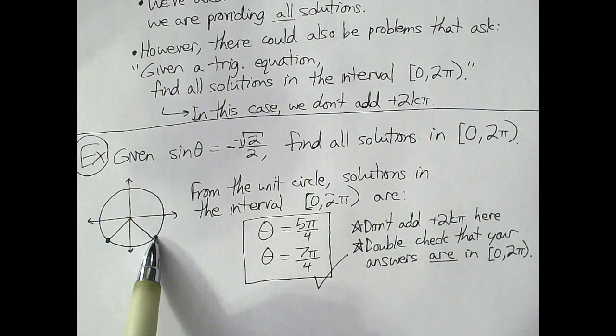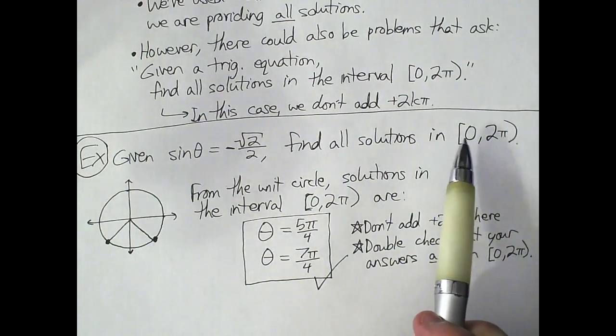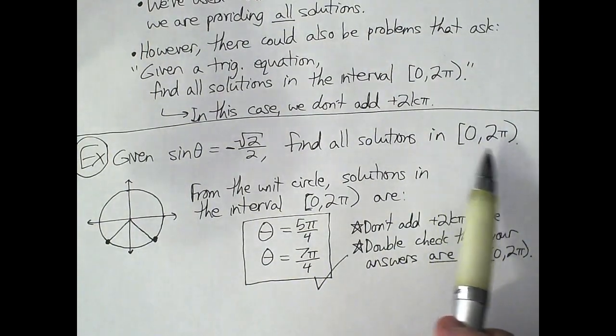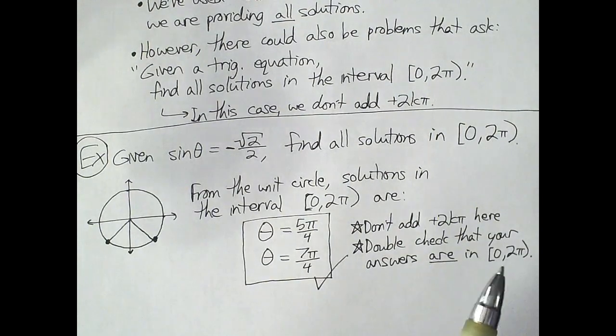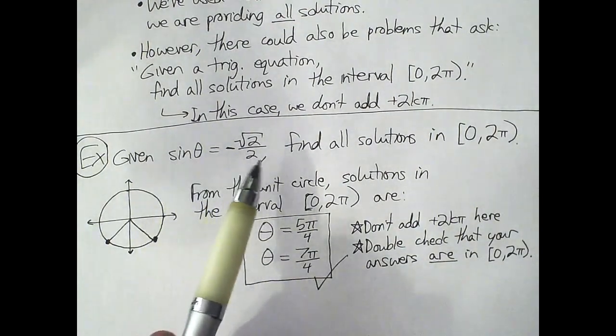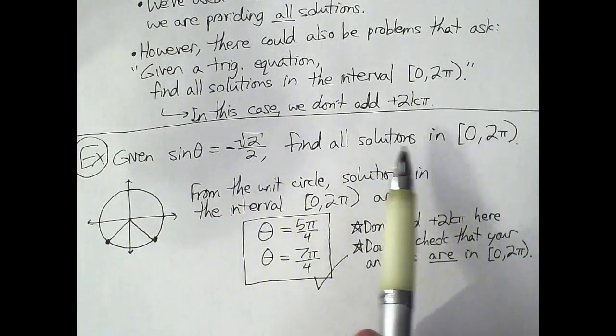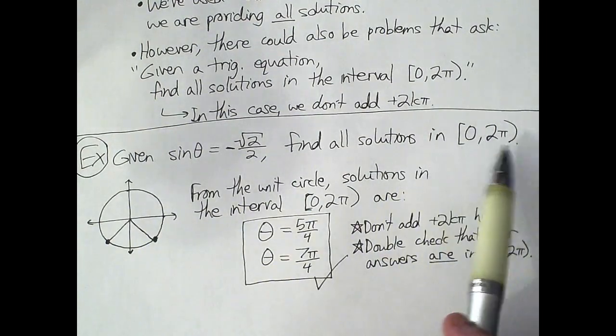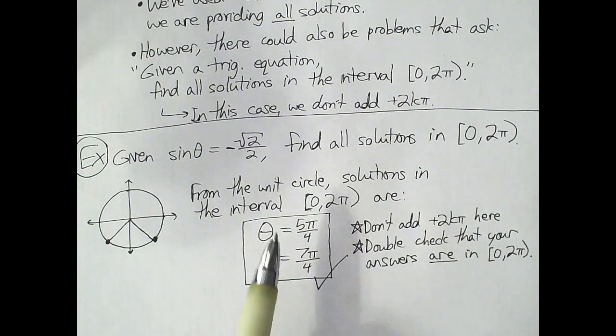That would be a wrong answer because negative pi over 4 is not in the given interval. So technically, it would satisfy this equation, but it would not satisfy this condition. So these are the only two correct answers for this. For the same reason, that's why you can't add 2 pi to this. You wouldn't be in this interval anymore.